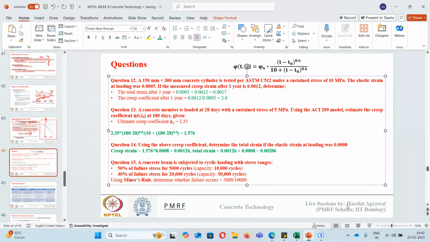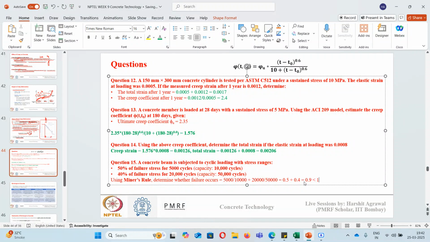So this is my first ratio, and the second ratio is I have applied 20,000 cycles of second stress, and its failure capacity was 50,000 cycles. So this is n1 by N1 plus n2 by N2. If I add these two, the cumulative will be 0.5 plus 0.4, which is equal to 0.9.